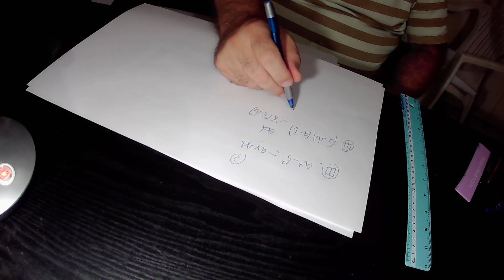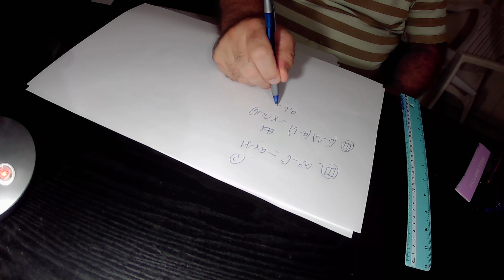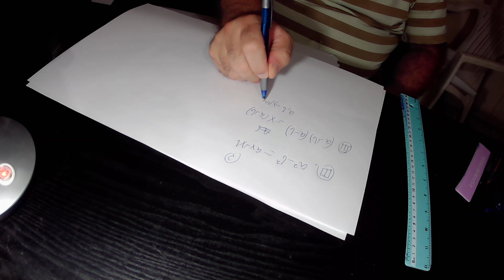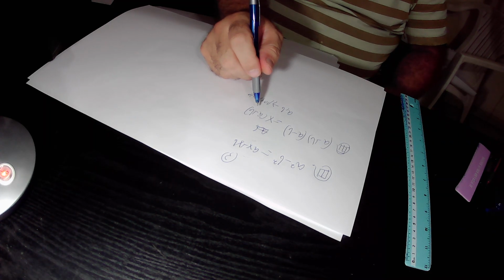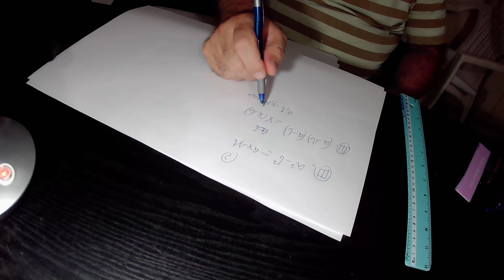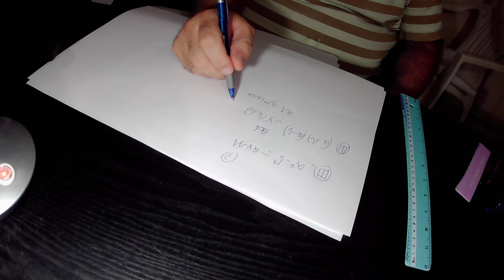Because of the fact that a and b are lengths, they must be positive numbers, and when you add two positive numbers to each other, the result must be a positive number. That is to say, a plus b can never be equal to 0, and therefore we can divide equation 3 by a plus b.